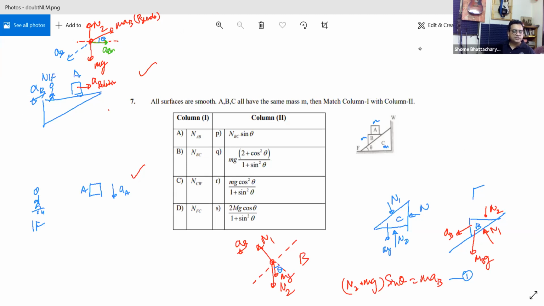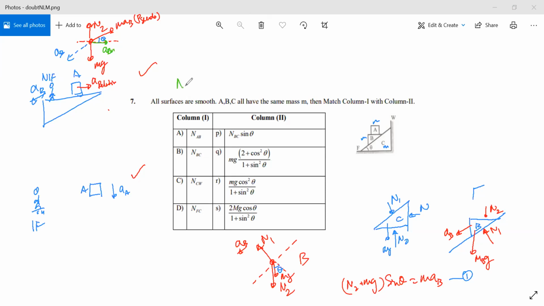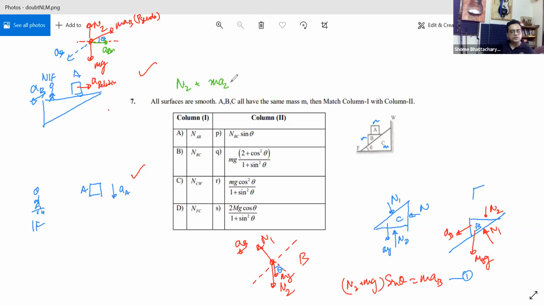So in this FBD, the vertical forces should be balanced, but that includes your pseudo force. So what is the equation? That N2 plus MA2.